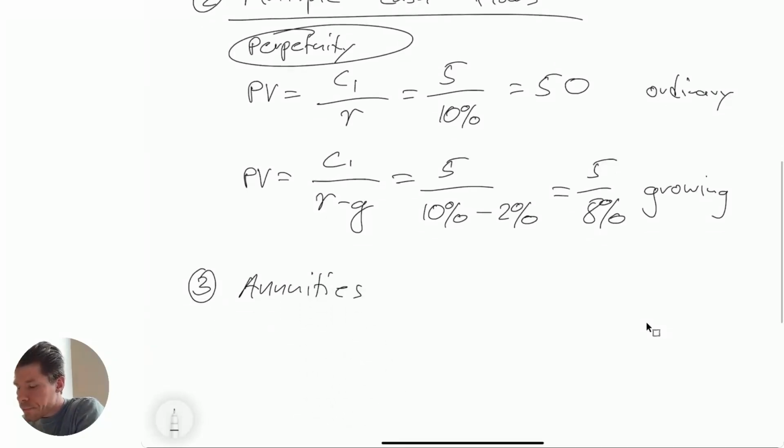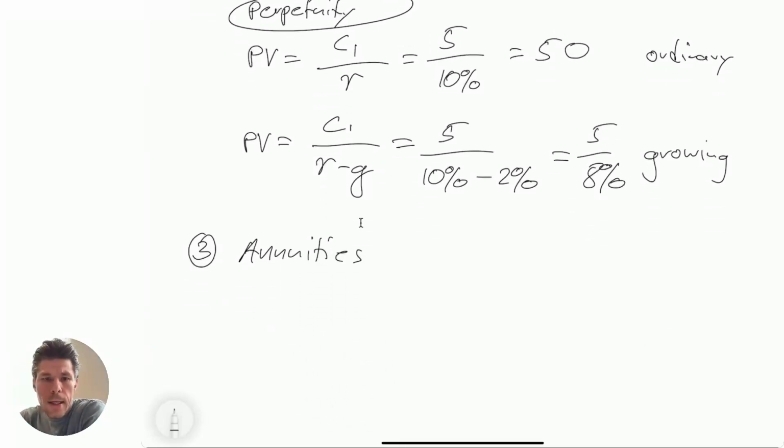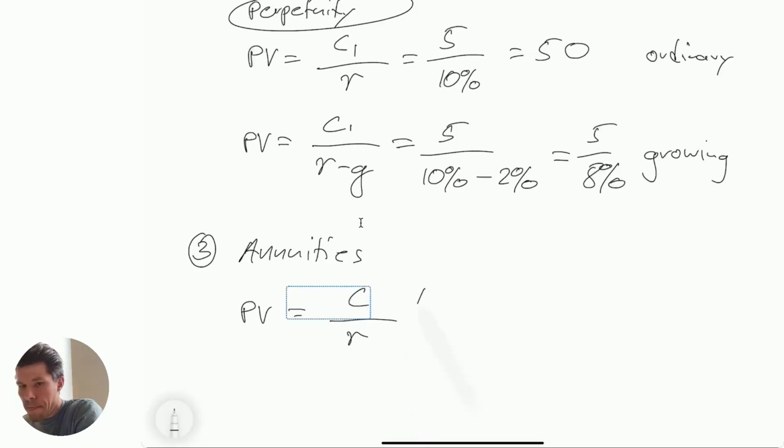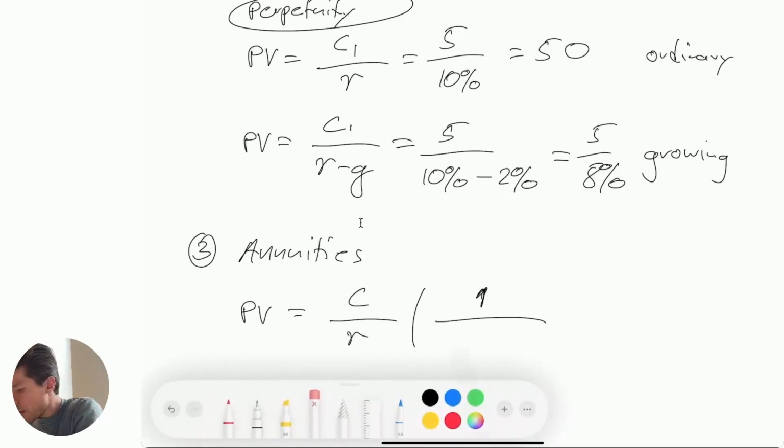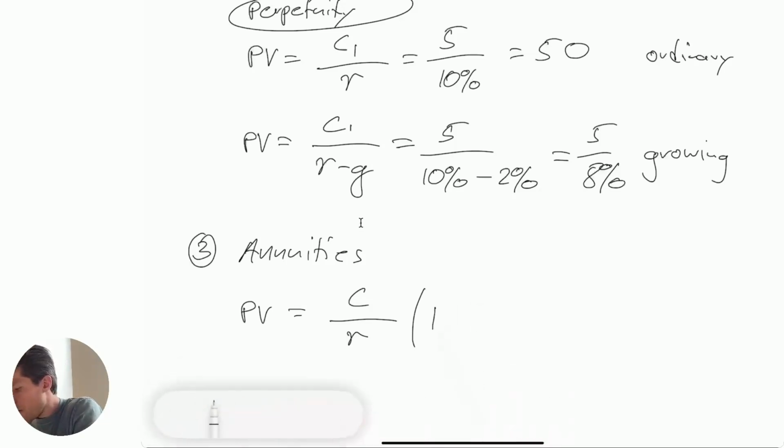Then the third one, and this is the last part, is called annuities. The formula looks a bit different. Present value again, cash flow payment divided by R, times 1 minus 1 divided by 1 plus R to the power of n.